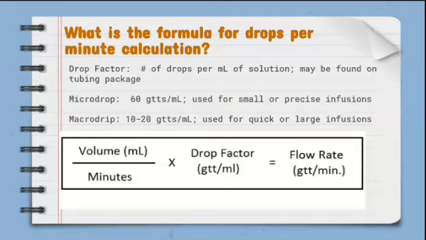If it is a micro drop set, like for pediatric patients, you have to consider it as 60 drops per ml, that is 60 GTT per ml.